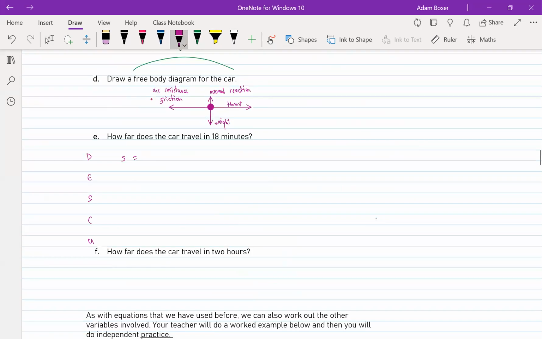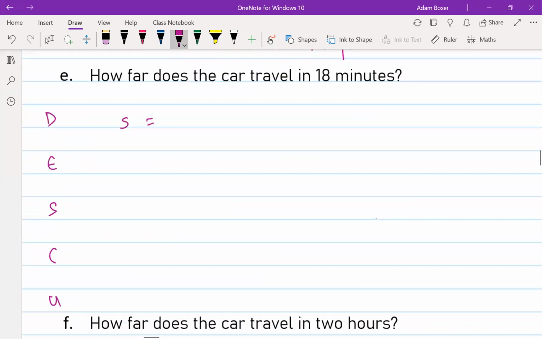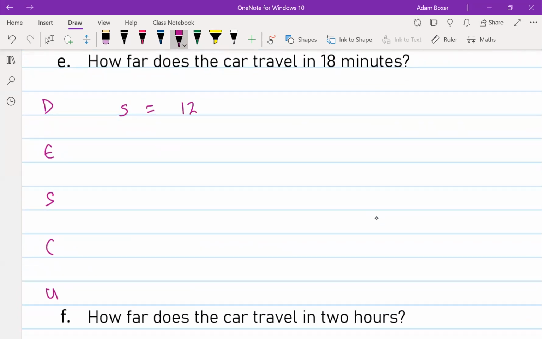Brain like a sieve, 12 meters per second. My time is 8 minutes, which of course I don't want. So I'm going to change that straight off the bat into seconds, and I'm going to get 480 seconds. And I do that by timesing it by 60, and I'm going to get rid of that from my life forever. I don't know what my distance is yet.